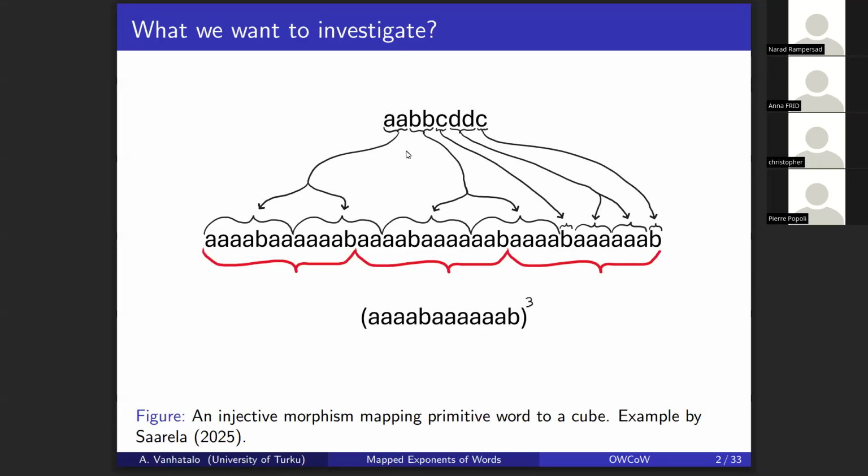And this non-repetitive word happens to map to a cube. And it's quite interesting that this can even happen at all. And we want to see how common it is, and can we have a larger value than cube here? How this happens in a non-trivial manner.